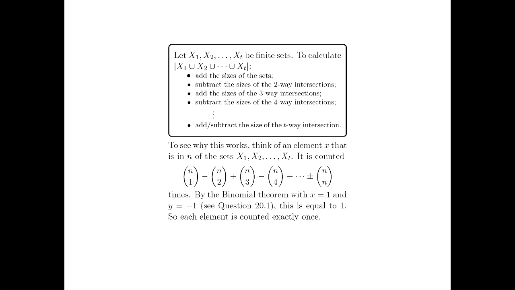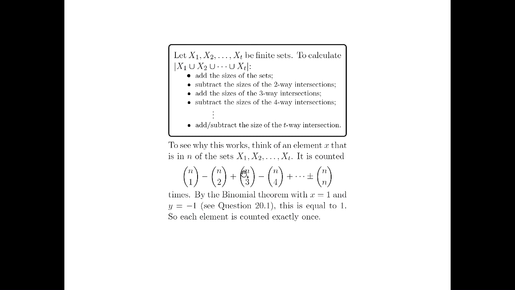Because it's in n of the sets. Then, when we subtract the 2-way intersections, there's going to be n choose 2 of them in which this thing is subtracted, right? Because it's in n sets, there's n choose 2 ways of choosing 2 of those sets.